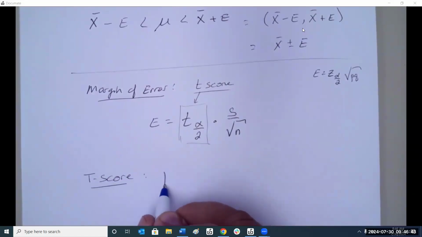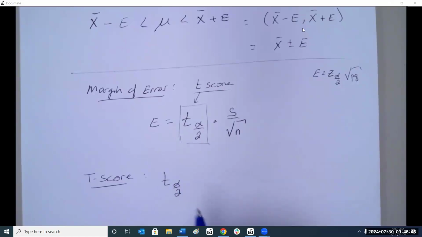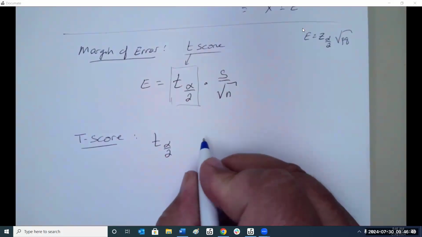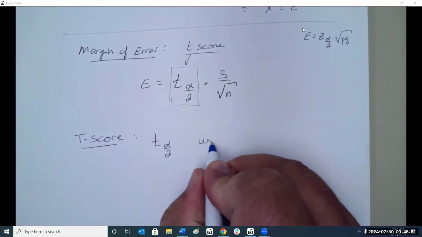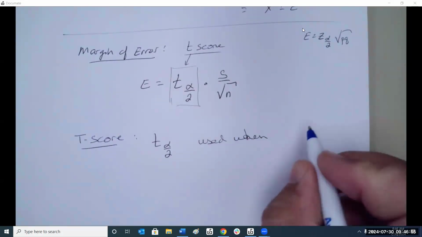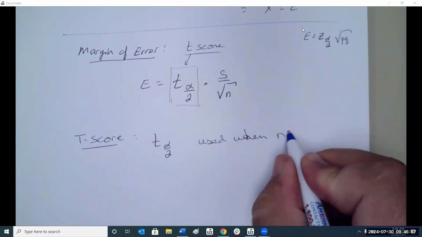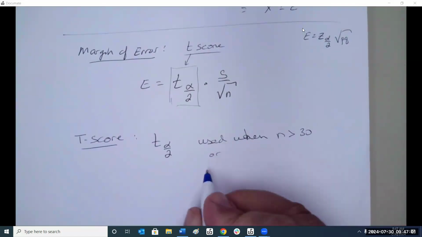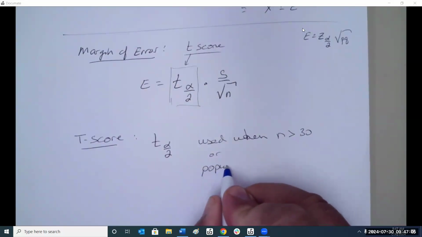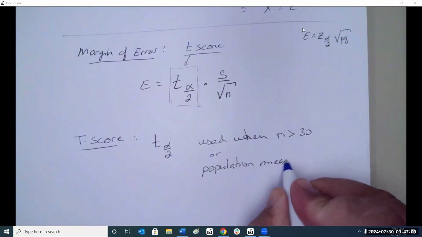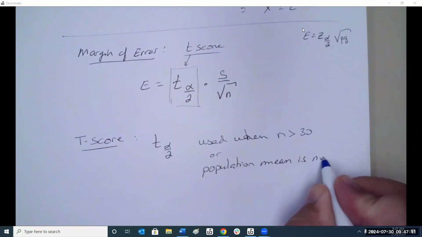The t-score. Used when n is small, or when the population standard deviation is not known.